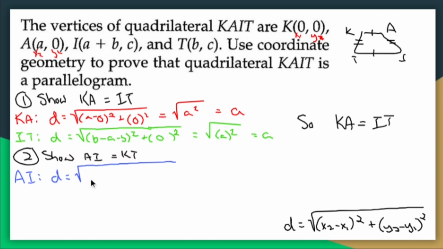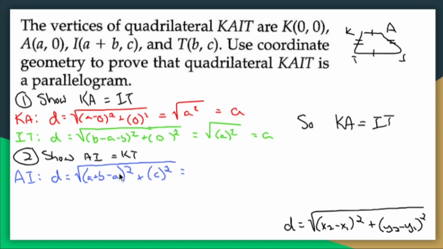All right, AI. Let's get rid of all this mess up here. I'm looking at AI, so let's let u be the 1's and u be the 2's. So x sub 2 is a plus b minus x sub 1 is a squared plus c minus 0, which is just c squared.